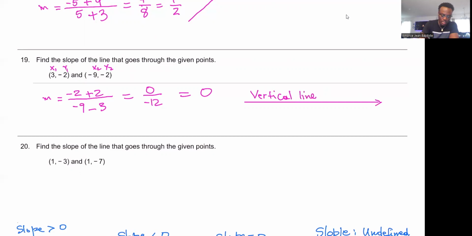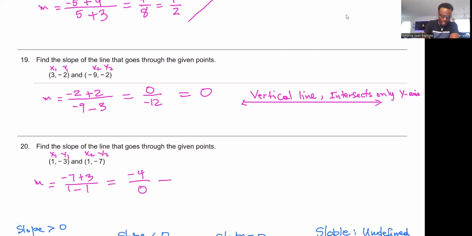And then the next problem here, same thing, x1, y1, x2, y2, m equals negative 7 minus negative 3 over 1 minus 1 equals negative 4 over 0.